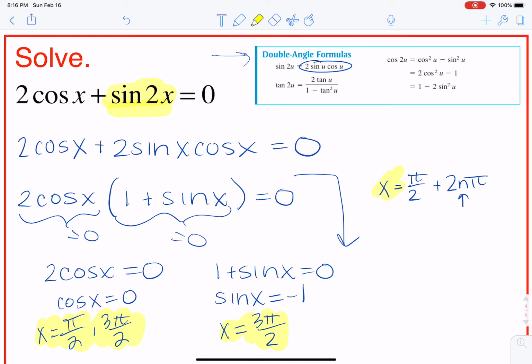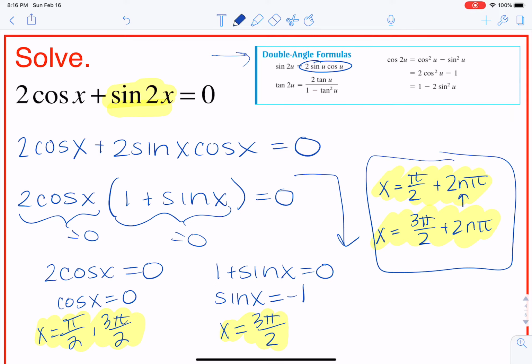So this is the general solution for saying that at any value or rotation around the unit circle, this is when 2 cosine of x plus sine of 2x will be equal to 0. And we can do the same for the other piece. So x is equal to 3 pi over 2, again, plus 2n pi. And so this here is my final answer to this problem.